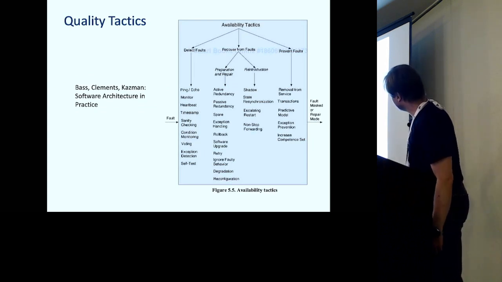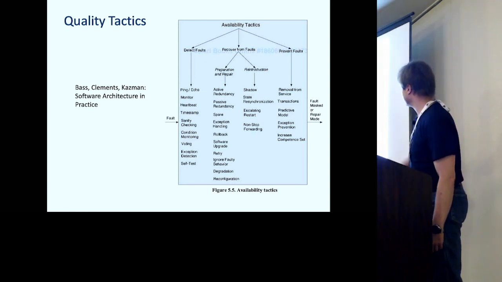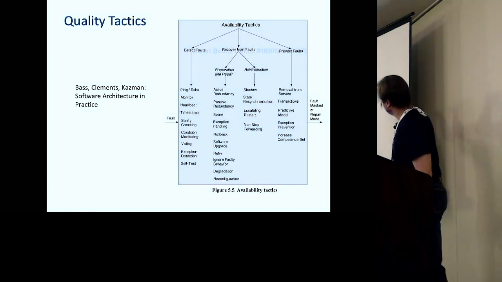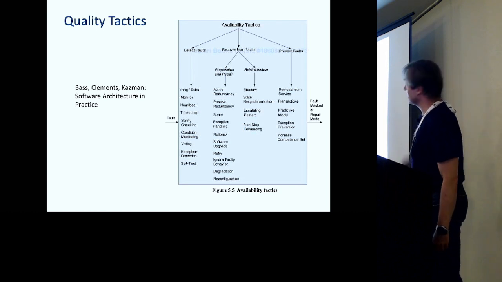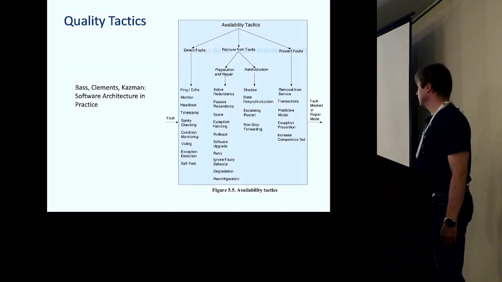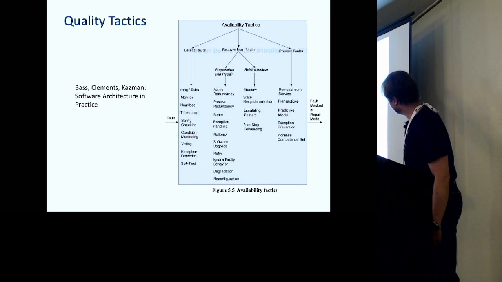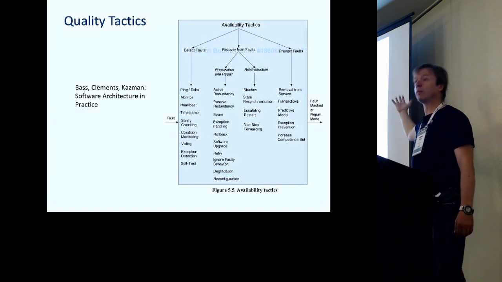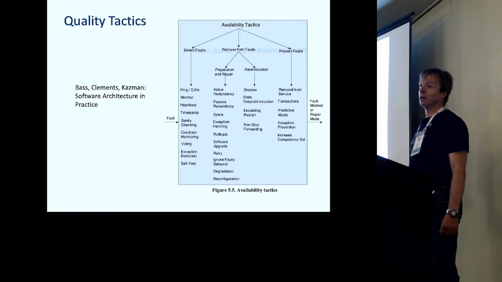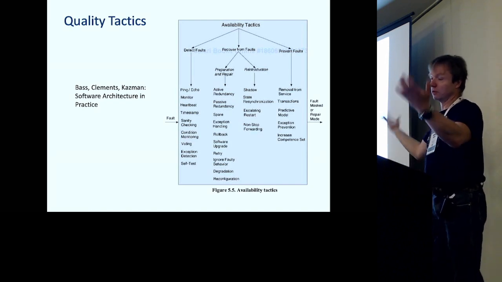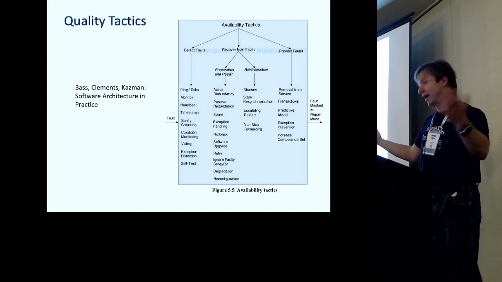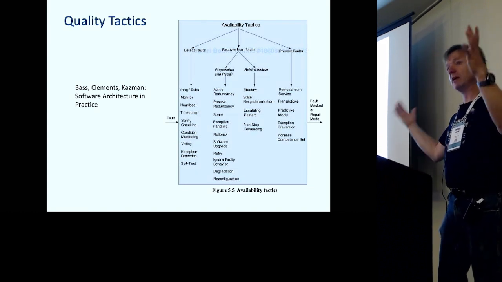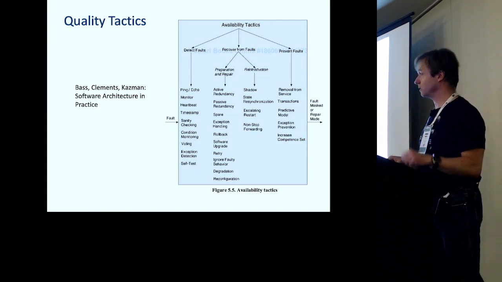Here's an excerpt from that same book where you go, well, if availability is among the requirements for your system, then here's a catalog of techniques that you might use in order to impact that particular quality, right? You can think of it roughly like a patterns manual, even though the architecture people make a big thing out of distinguishing this from patterns.